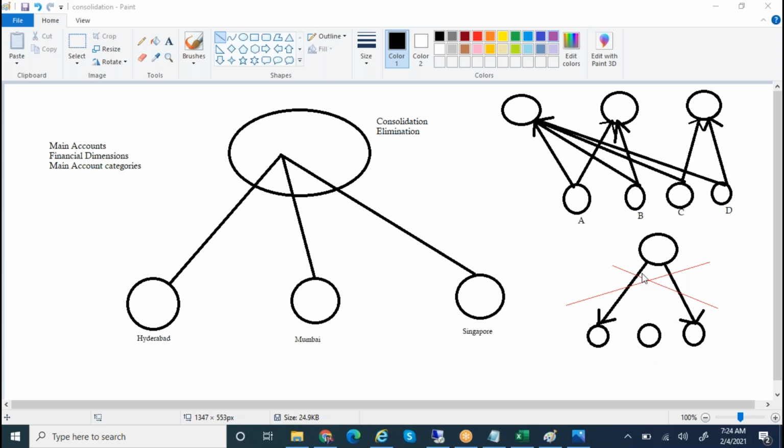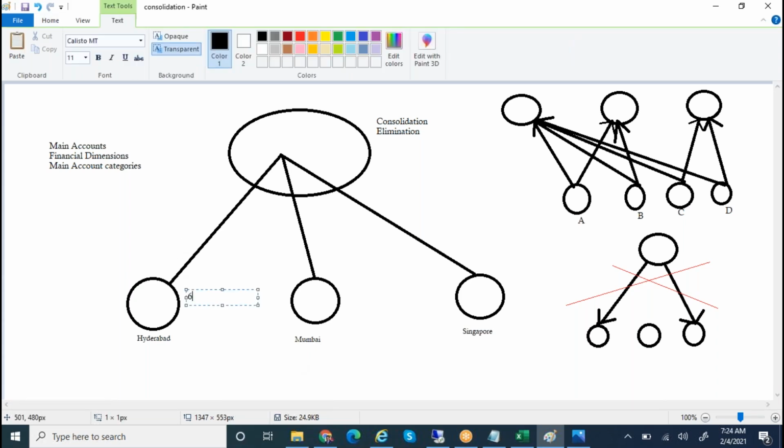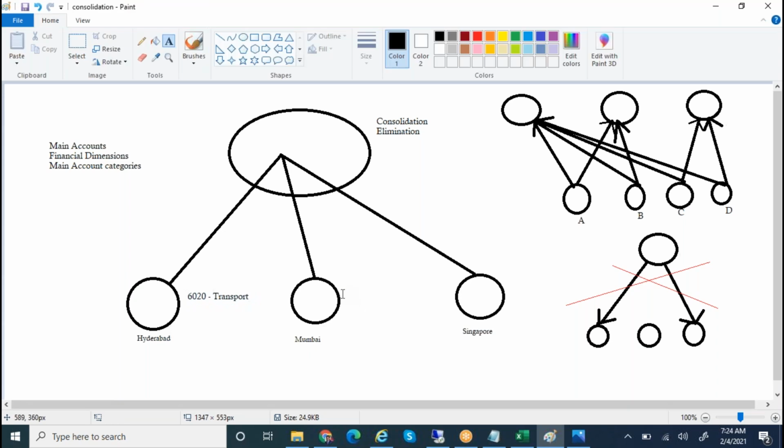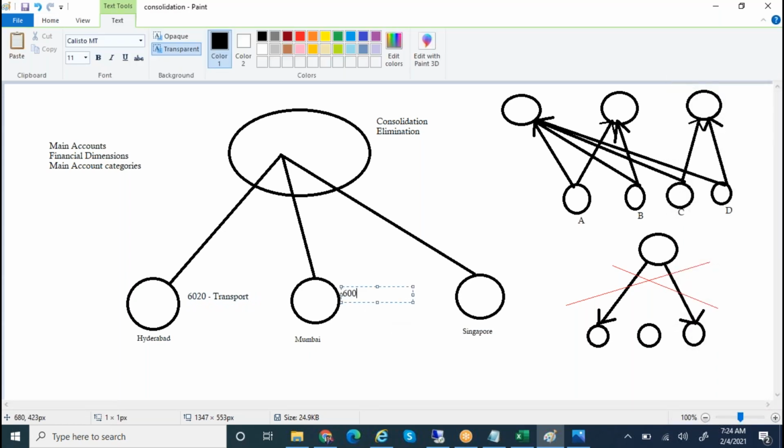Okay, now in this, suppose the chart of accounts, 6020 is the transportation charges. In this, 600200, 600510 is transportation charges.